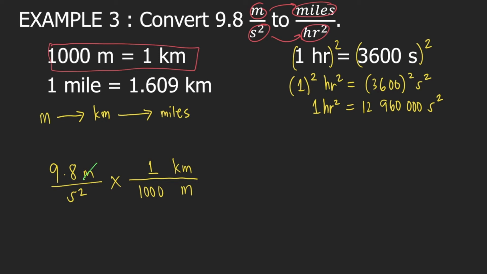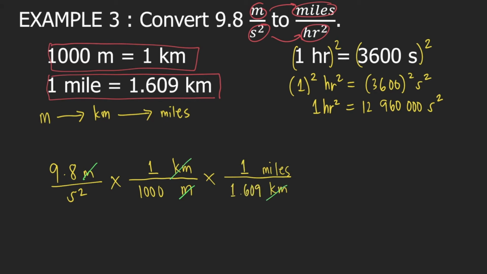So meters will cancel. Now we have kilometers. To cancel kilometers, we will put kilometers on the bottom, and on top we put miles. 1 mile is equal to 1.609 kilometers. So kilometers will cancel. Our unit on top is miles.